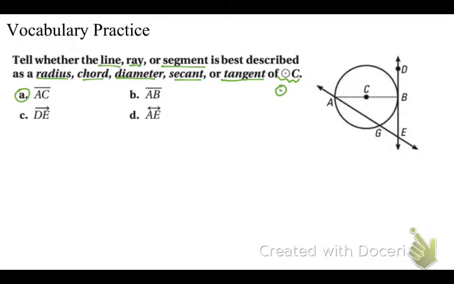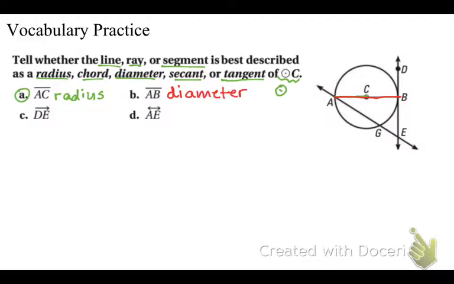Okay, so let's look at AC. So AC is right here. It's a segment that goes from the center of the circle to the side of the circle. So that is a radius. Okay, AB, the line AB goes all the way over from one edge to the other. So that's a diameter.